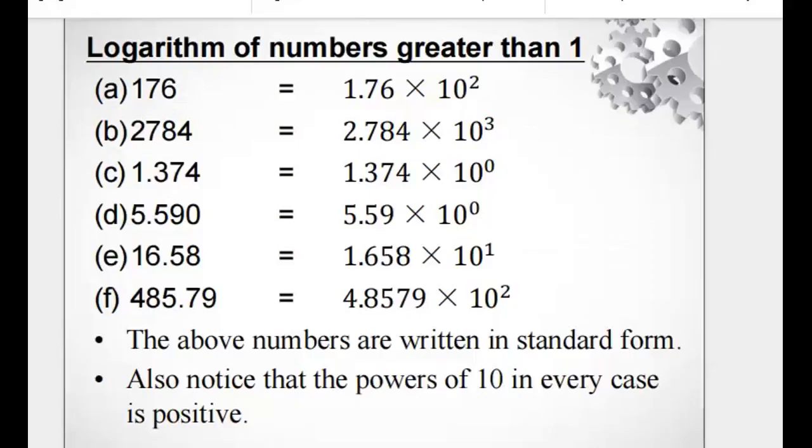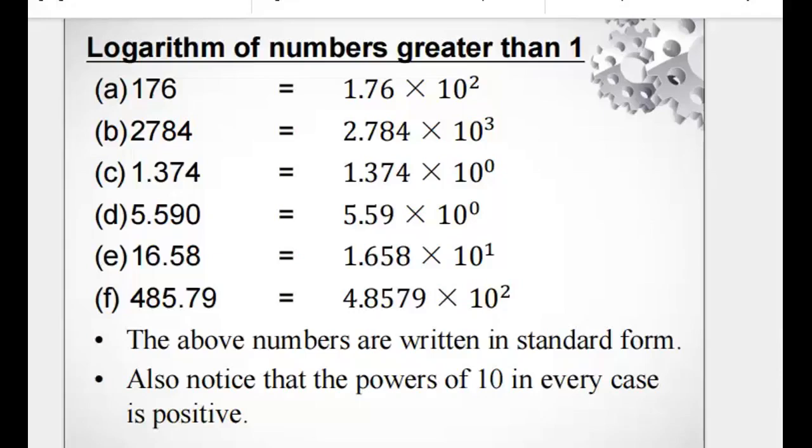Now we are on the next slide. The logarithm of numbers greater than 1. We could have as many as possible, but we have just 6 here. So we have 176, 2784, 1.374, 5.59, and so on.